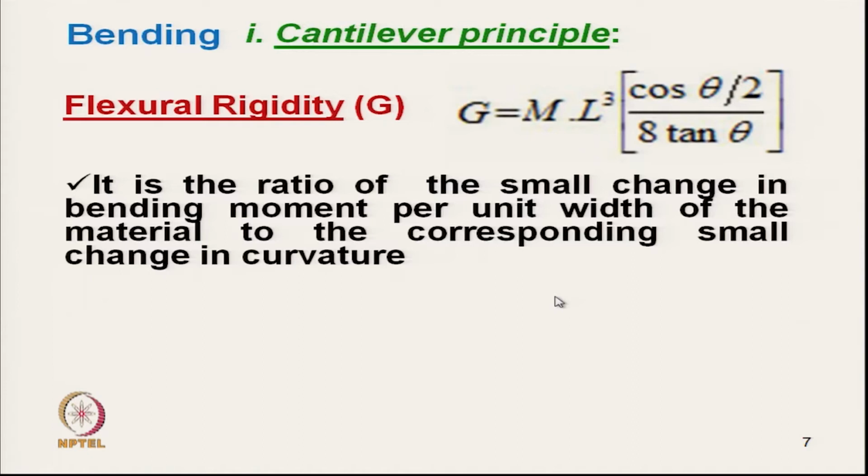It is the ratio of a small change in bending moment per unit width of the material to the corresponding small change in curvature, that is the definition. Okay.